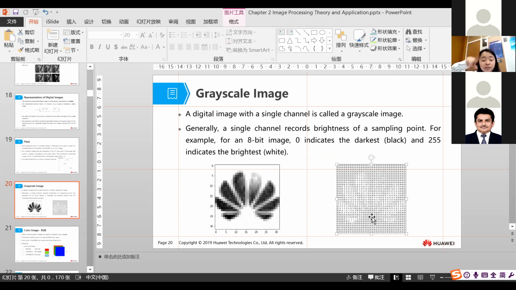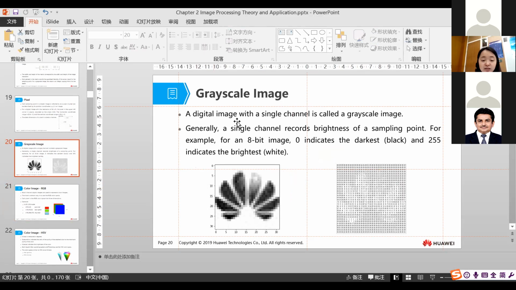It's just a matrix, right? Every pixel gets a value, an intensity. This is a grayscale image. It's a single channel image.